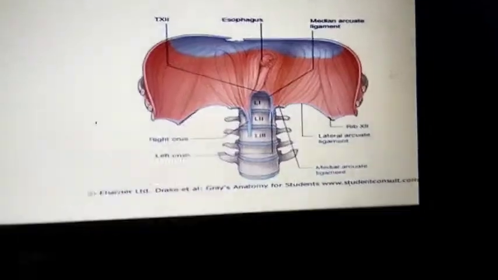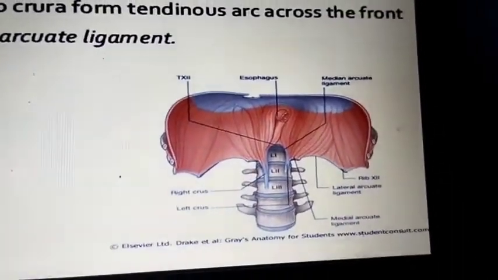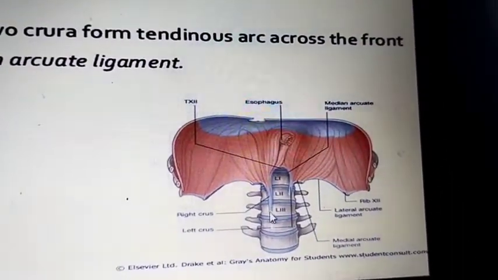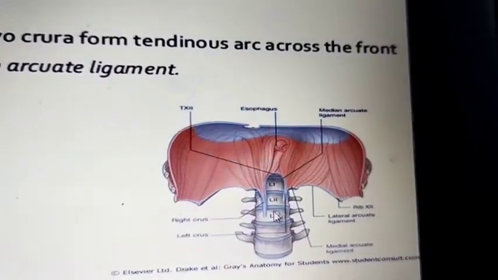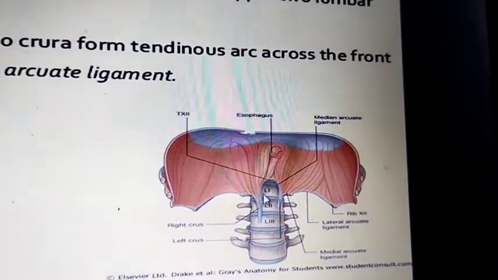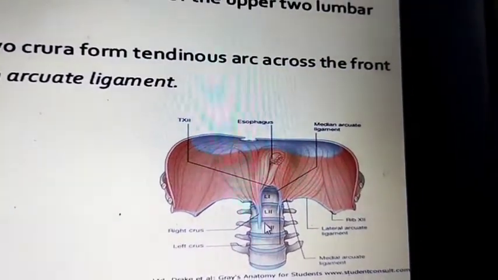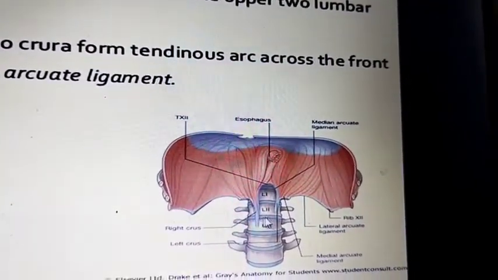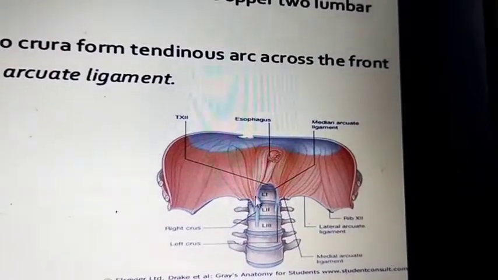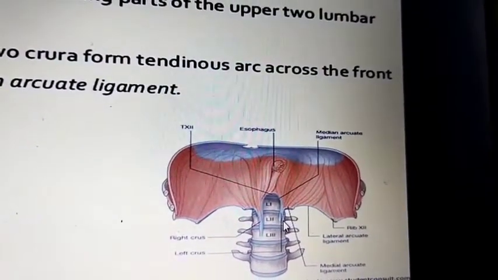In this picture you can see easily this is the right crus and this is the left crus. The right crus arises from the upper 3 vertebrae, L1, L2, L3, the bodies of the vertebrae and the intervertebral discs.